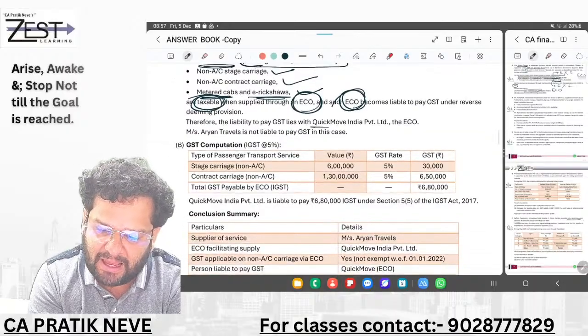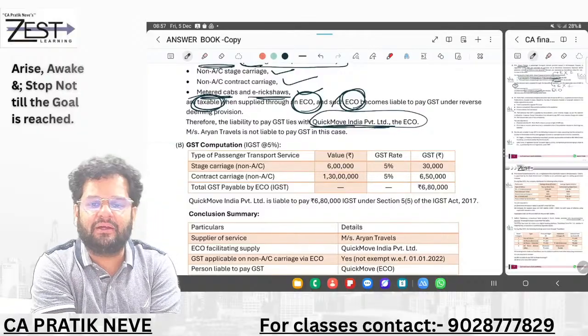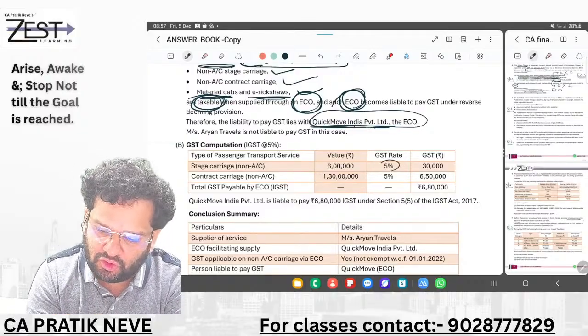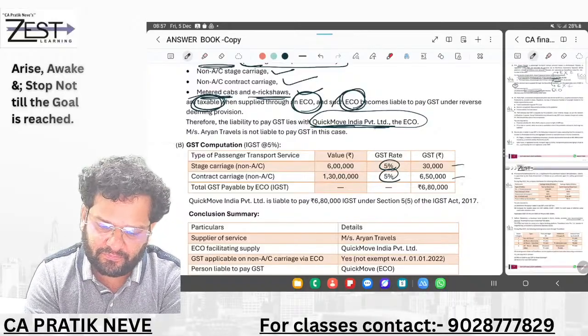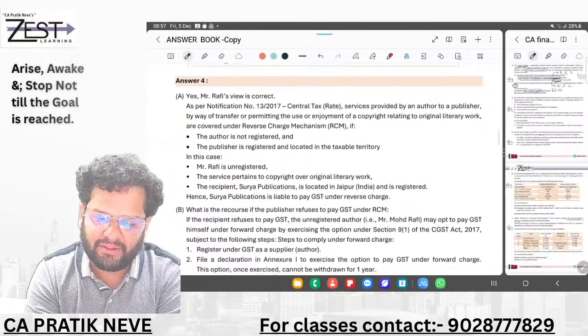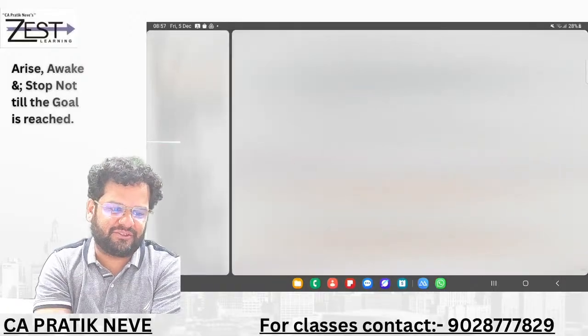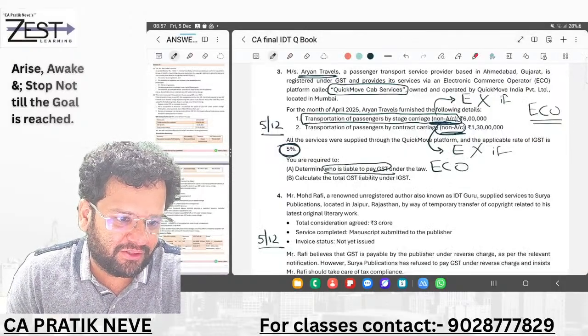Therefore, it is the liability of Quick Move India Private Limited, the ECO, to pay GST. Is it clear to all of you? So on both, there will be GST. Okay? Make sense? Yes, sir. Absolutely. Wonderful.